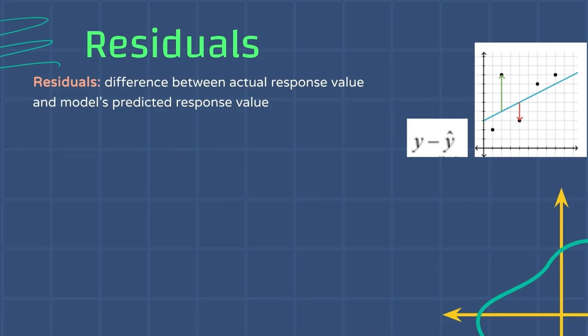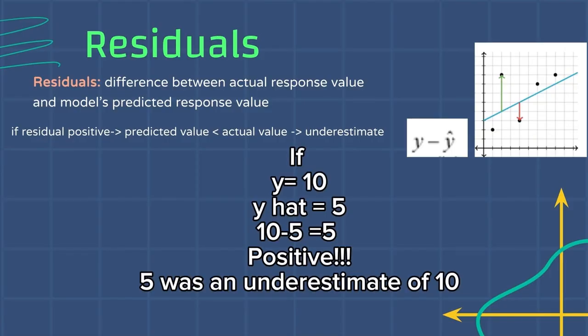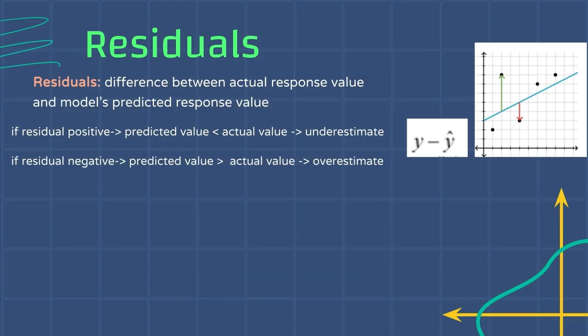If the residual is positive, that means the predicted value is less than the actual value, which makes sense because if we were to get a positive number, y hat has to be smaller than the actual value. If a residual is negative, the predicted value is greater than the actual value.